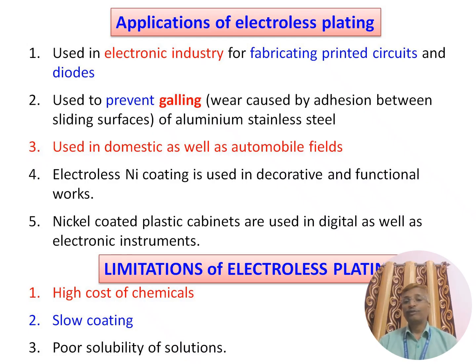Electroless nickel coating is used in decorative and functional work. Nickel coated plastic cabinets are used in digital as well as electronic instruments. So we have a lot of applications. However, the limitations are high cost of chemicals, slow coating, and poor solubility of solution. So these are all the things to be overcome.